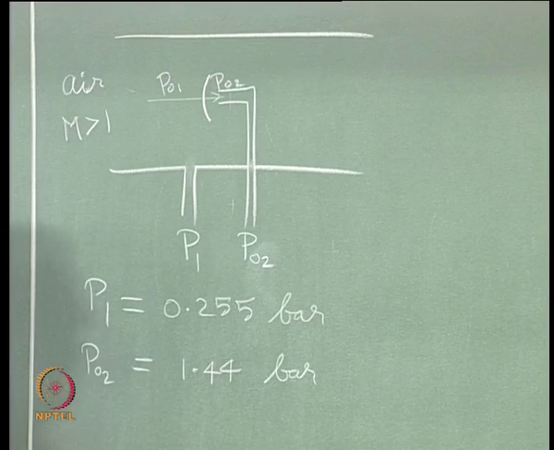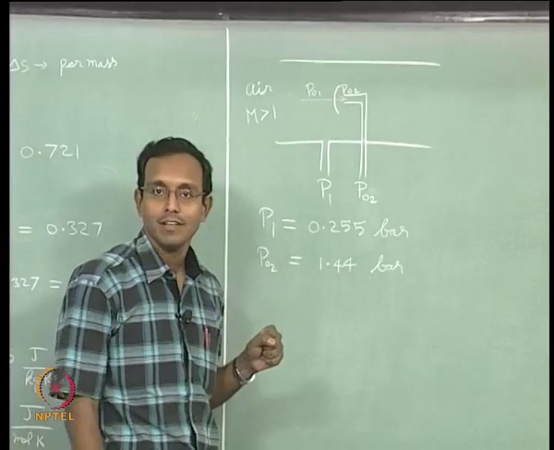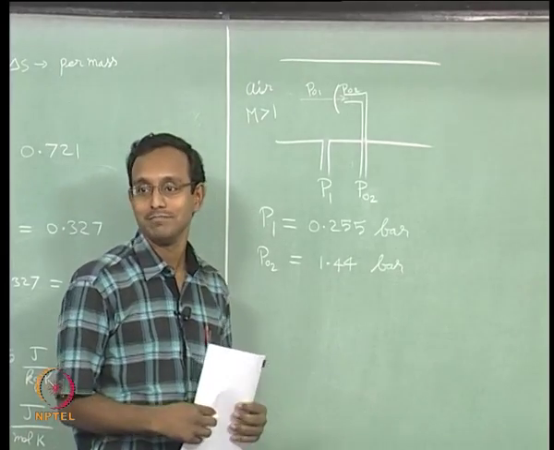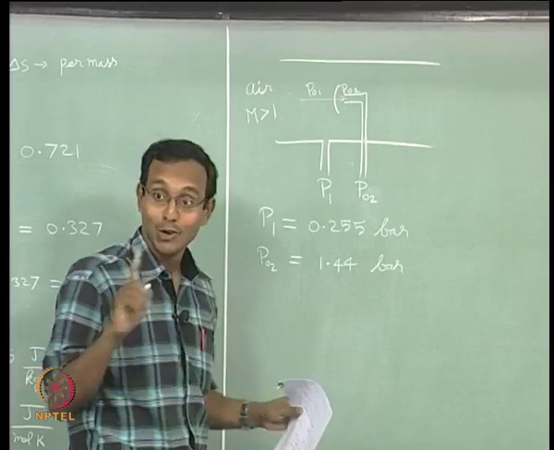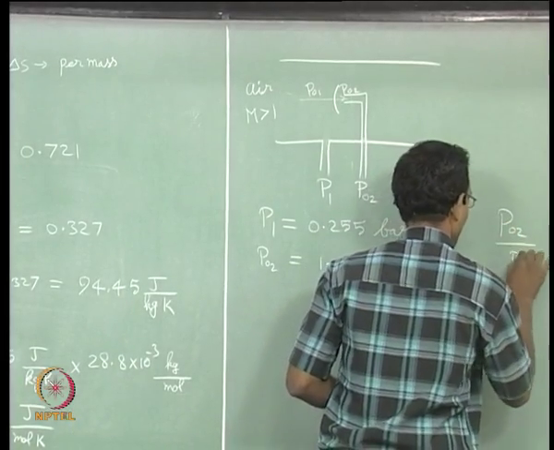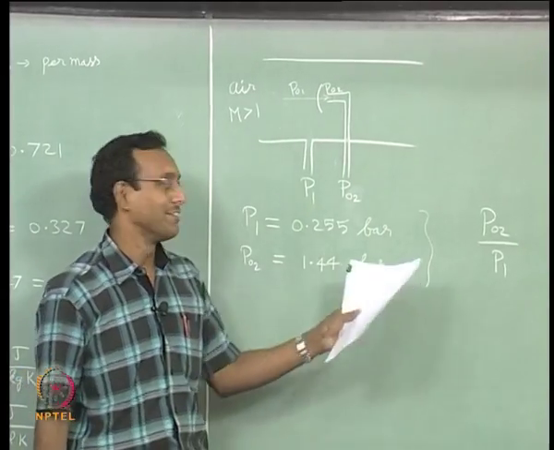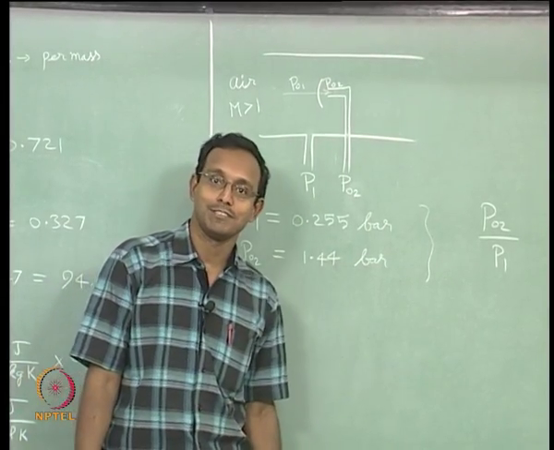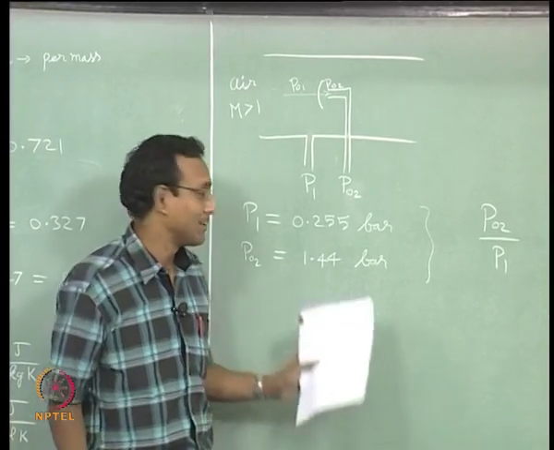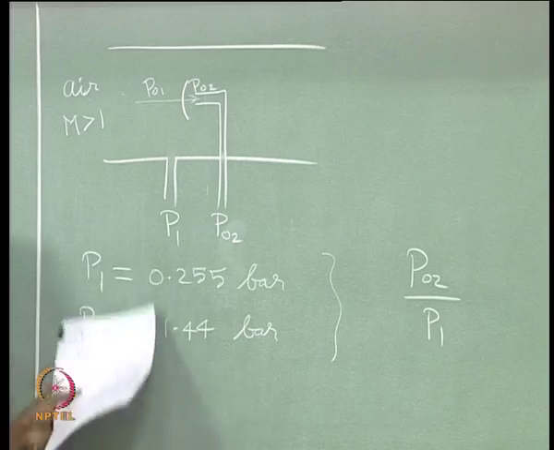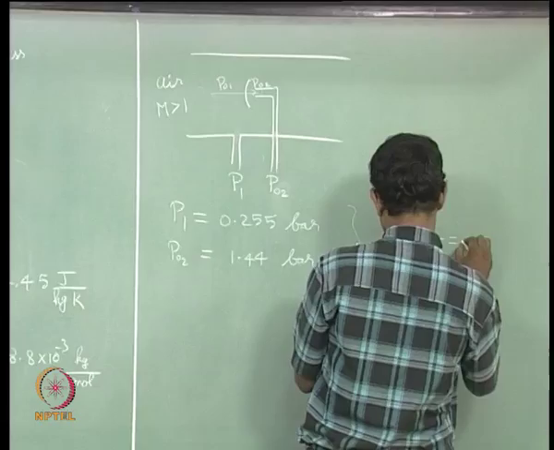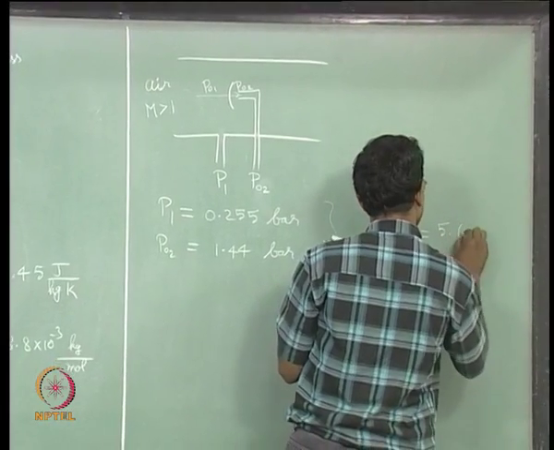Now we want to find the Mach number from here. It so happens that I have good compressible flow tables where there is one extra column given, P02 by P1, in my normal shock tables. If I have this column, it is very easy to solve this problem. All I have to do is take this ratio, which happens to be 5.647.